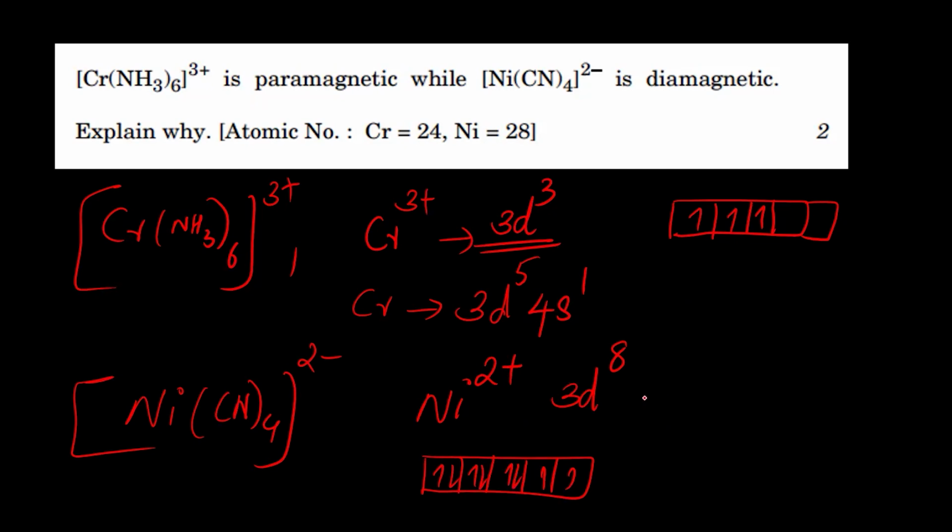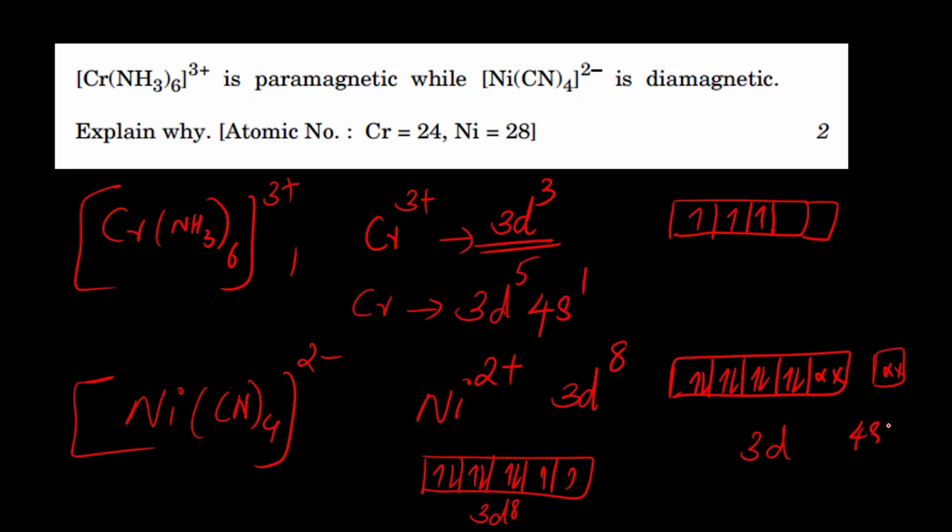So 3d8 will become 1, 2, 3, 4, 5, 6, 7, 8, and here the cyano group comes in 3d, 4s, then next in p. So hybridization will be dsp2 hybridization, square planar geometry.